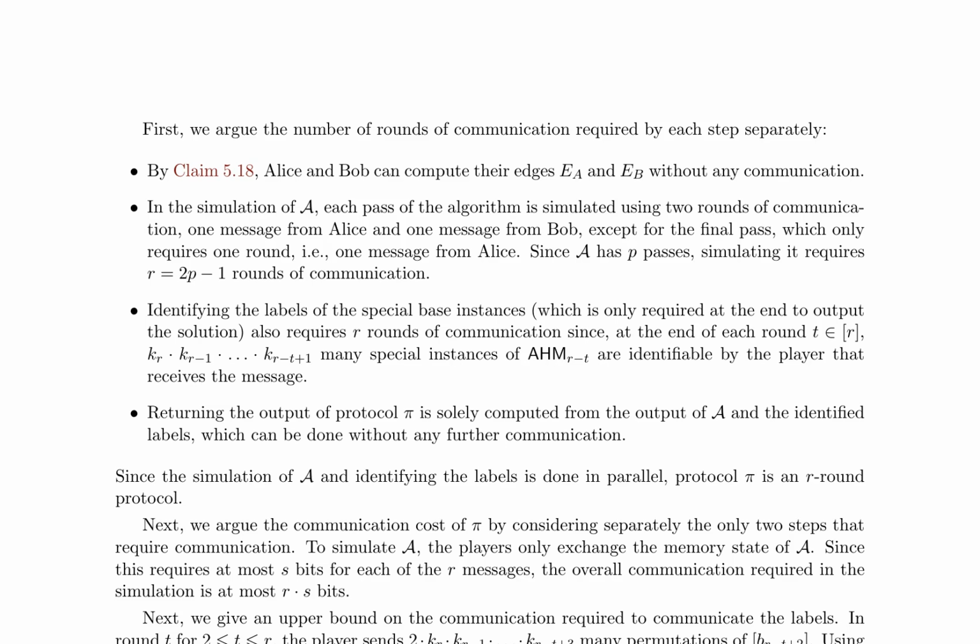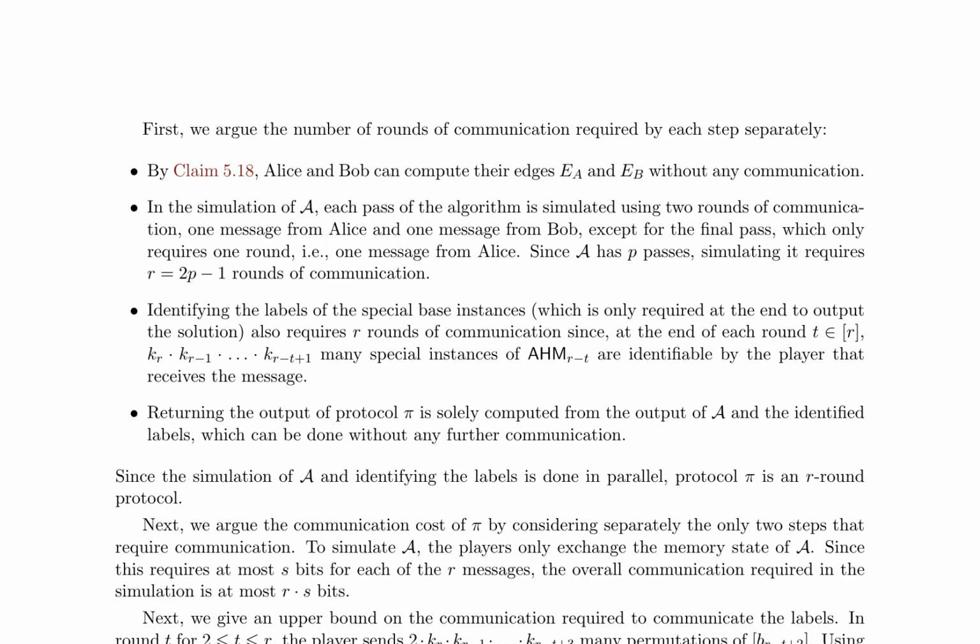The proof involves showing that the protocol pi is an R-round protocol with the desired communication cost and probability of success. The proof also relies on lemma 5.23, which states that the edges of the matching M returned by A identify the bits of at least n_r (1/beta - 2 alpha r) many special base instances.